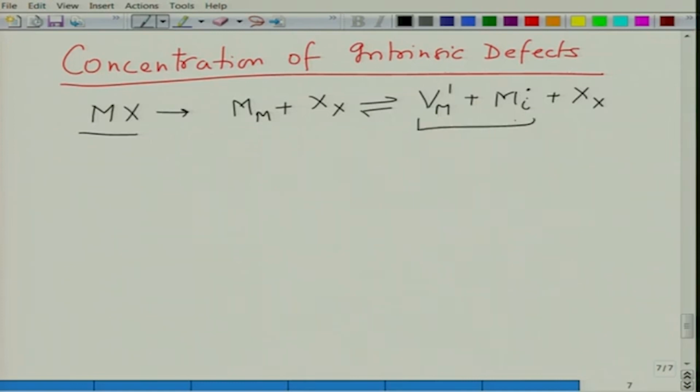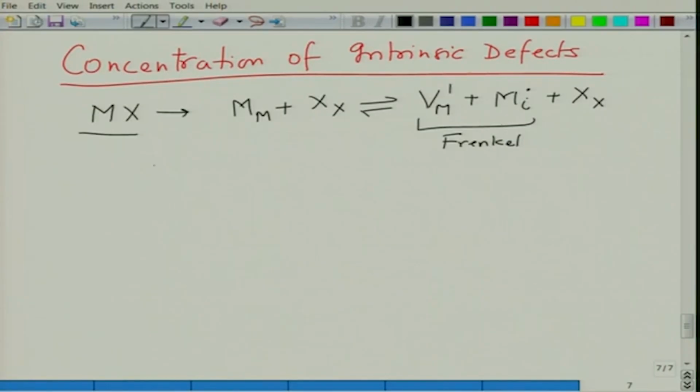So, this is a Frenkel defect. You do not change the stoichiometry, the site balance remains same, there is one metal site, there is one anion site, and the interstitial site is a site anyway. So, you do not create any extra sites in the system. What you are creating is a pair of metal interstitial and metal vacancy.